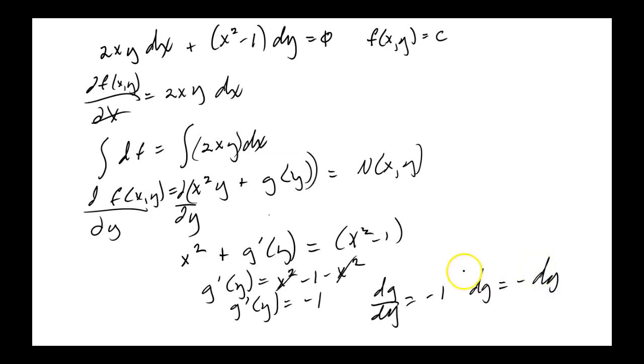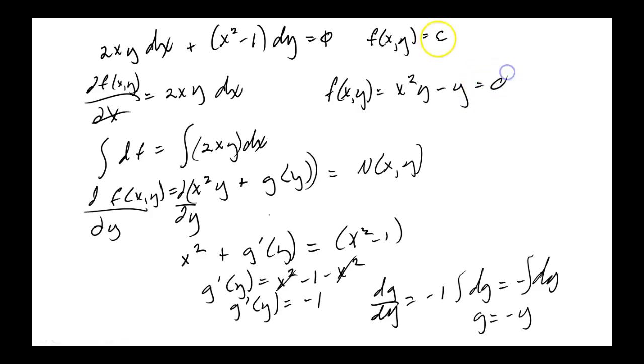Integrate both of those, and what you get? g is equal to negative y. I'll take this and plug back into this form: f of xy is equal to x squared y minus y. And that's equal to some constant c. That's not a 0, that's a c.